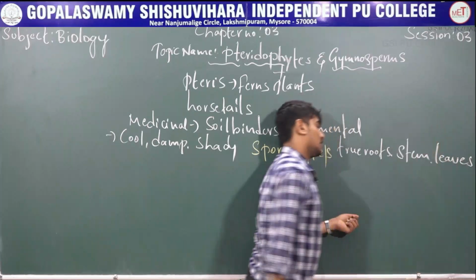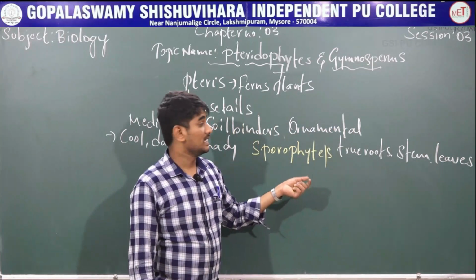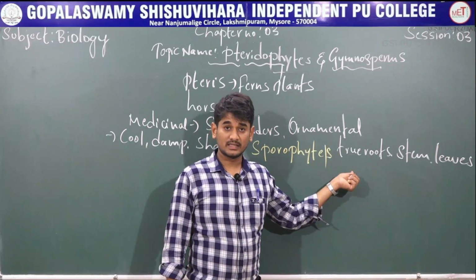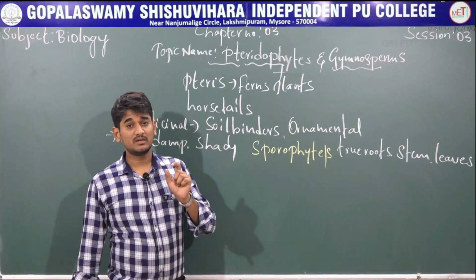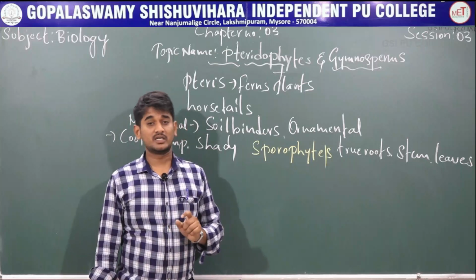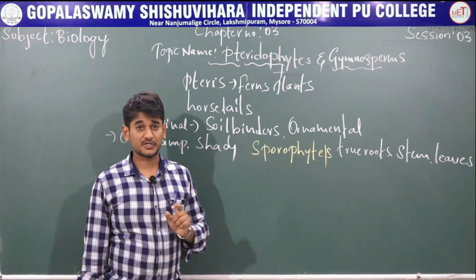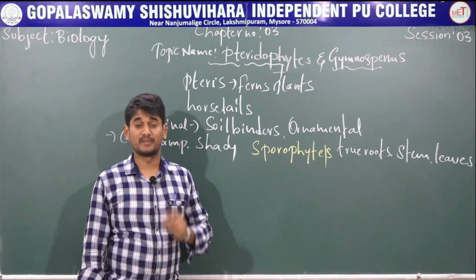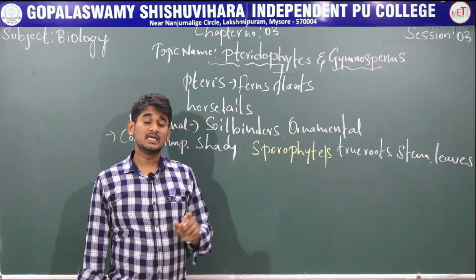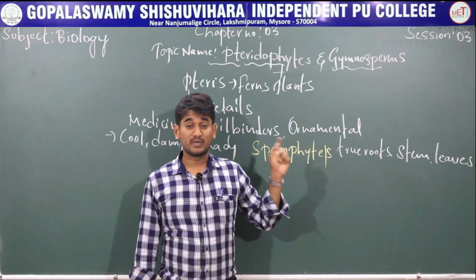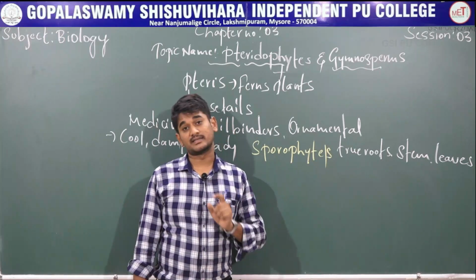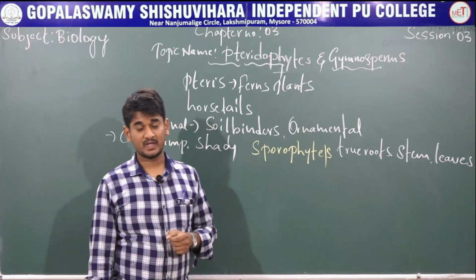These organs possess well differentiated vascular tissue. Pteridophytes are the first terrestrial plants to possess vascular tissues like xylem and phloem.